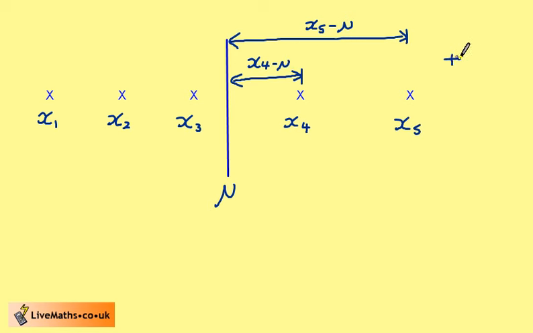Both of these calculations would yield positive results since both of these data points are to the right of the mean. It's therefore reasonable to assume that both x4 and x5 are larger numbers than the mean, and therefore x5 minus mu and x4 minus mu will both be positive numbers.